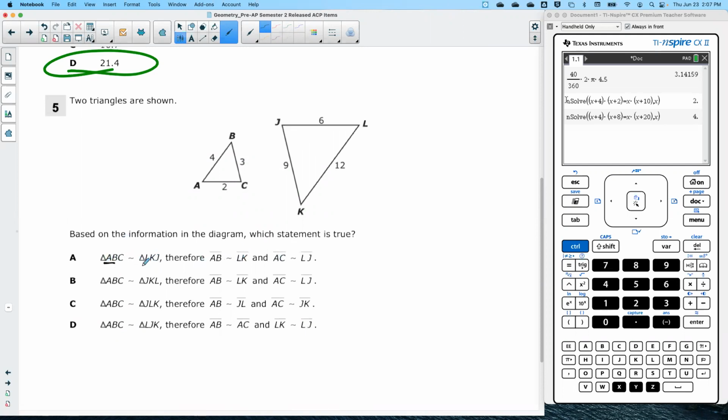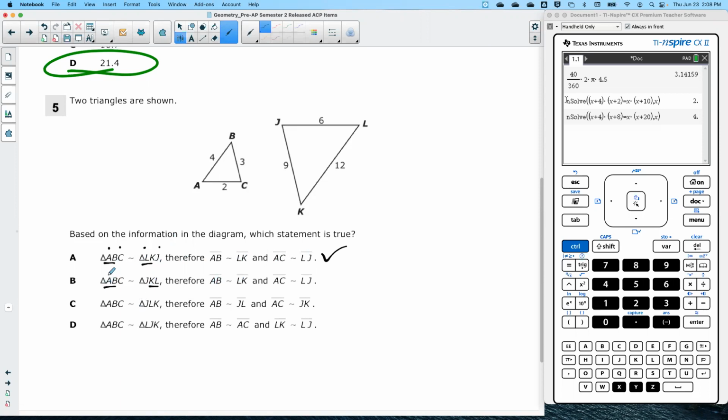AB is similar to LK. What does that look like so far? Good so far? Yeah. And AC is similar to LJ. Was that good or bad? Good. That's good so far. Okay. ABC is similar to JKL. Therefore, AB is similar to LK.